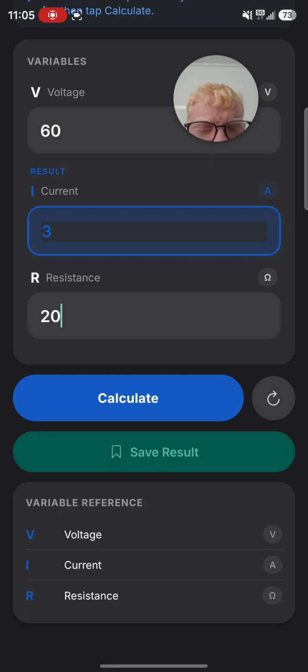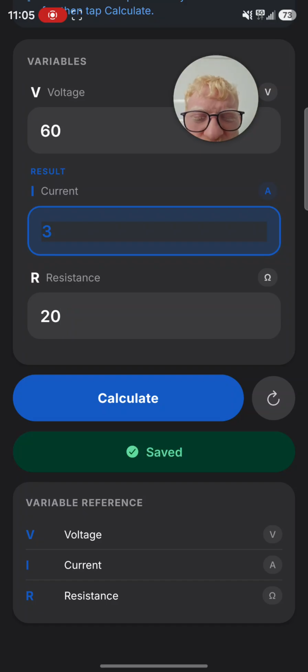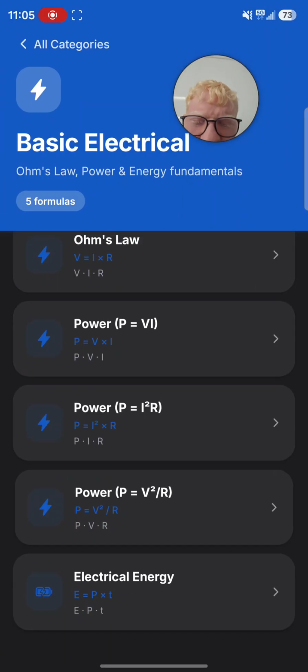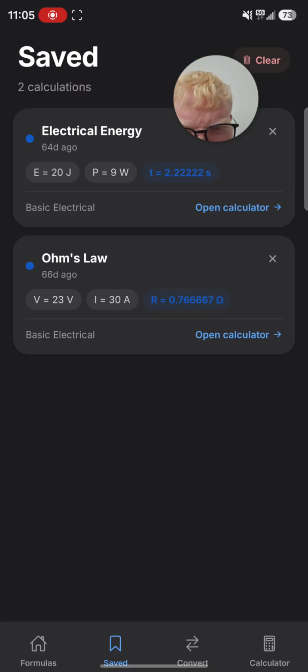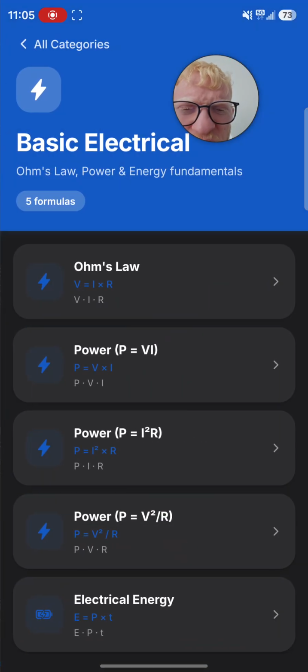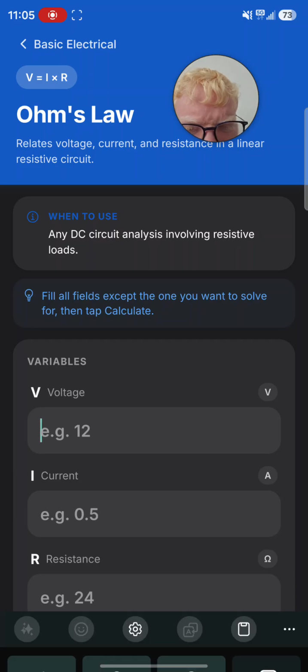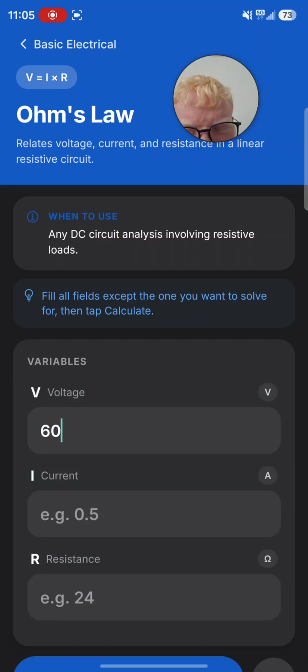And then if you want something more detailed, for example in milliamperes, you can just save that result, and then go into the saved ones and you will find it here at the top. As you can see, oh, I just canceled it, but you will find it in the save tab. So let's put that in again because I just canceled it.